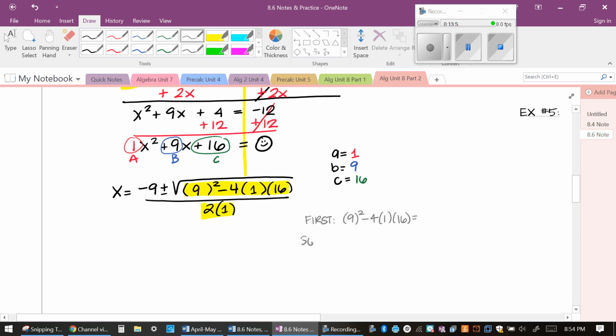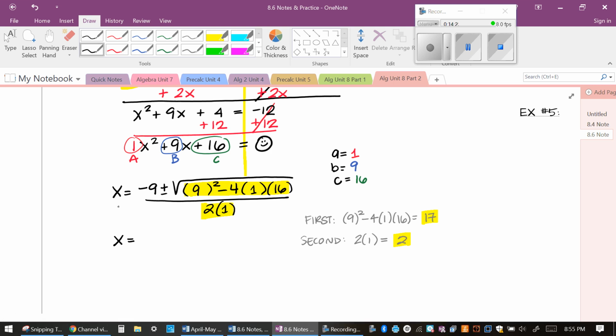So I'm going to do that second. Okay, go ahead and simplify those, and then tell me what you get. Okay, if you got 17 and 2, you did it right.